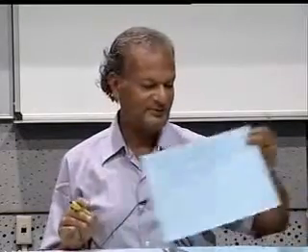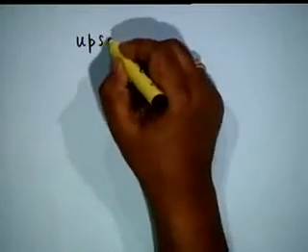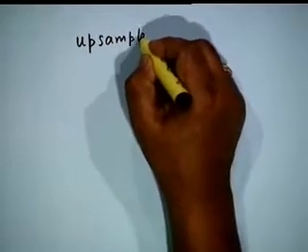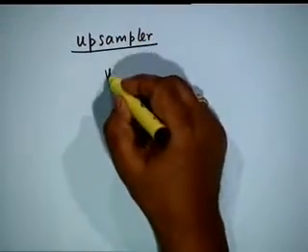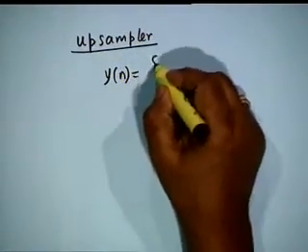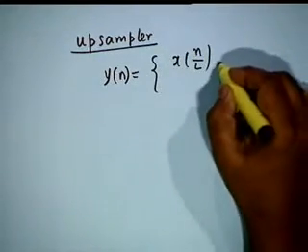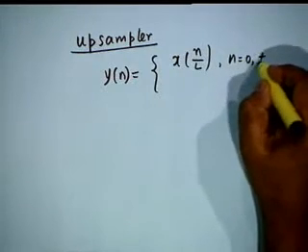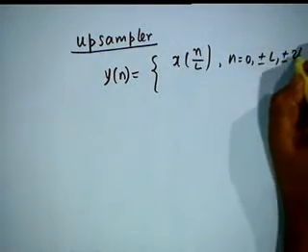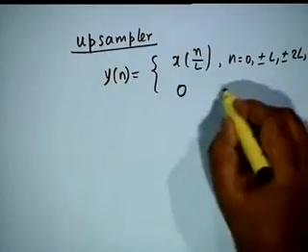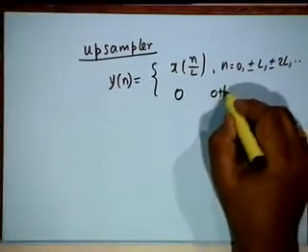Let's take another example. My favorite example is that of a sampling rate converter. Okay, let's take an upsampler. Upsampler, as you know, is described by y of n equal to x of n by L, for n equal to 0, plus minus L, plus minus 2L and so on, and it is 0 otherwise.